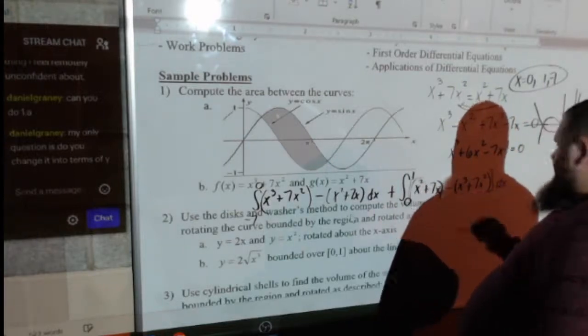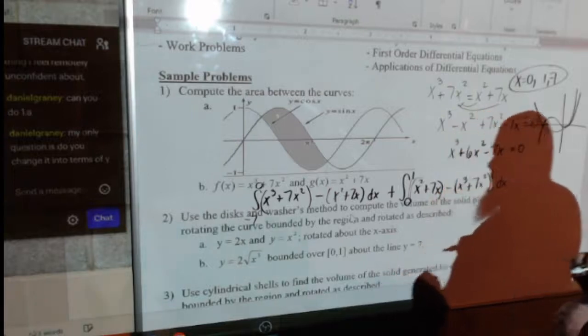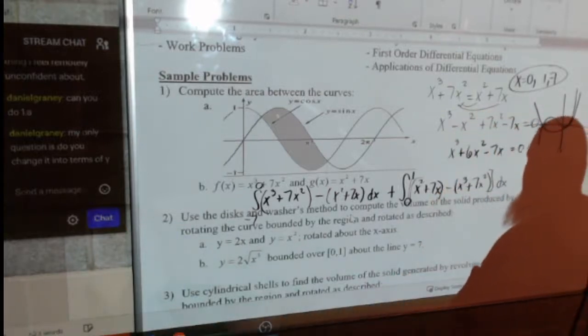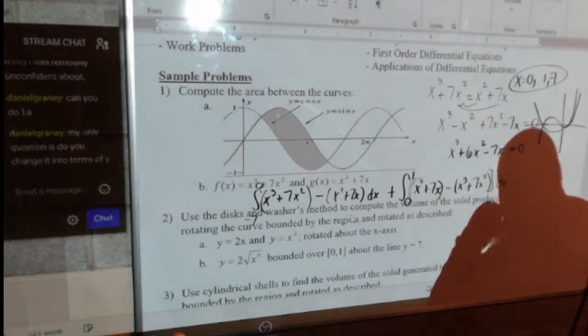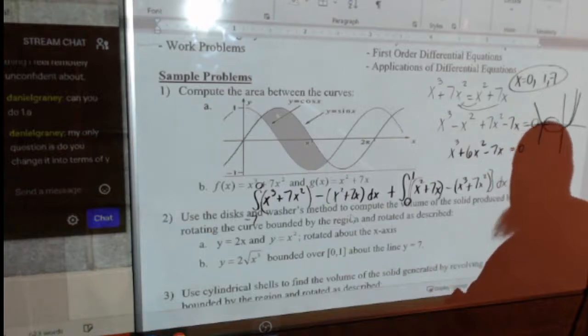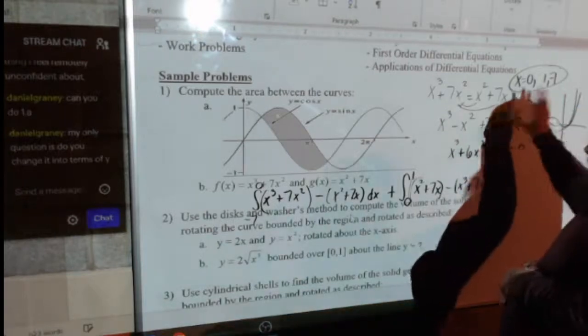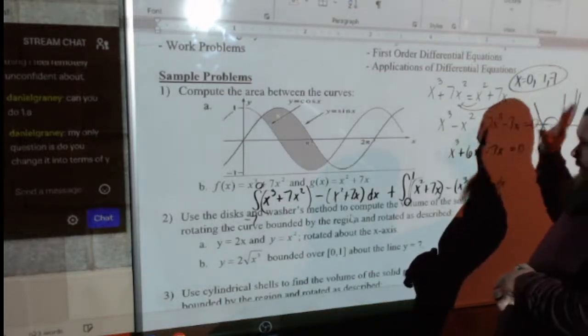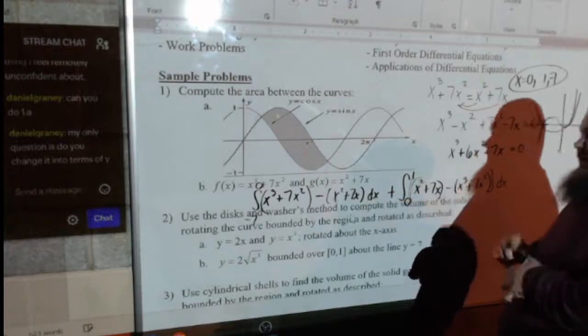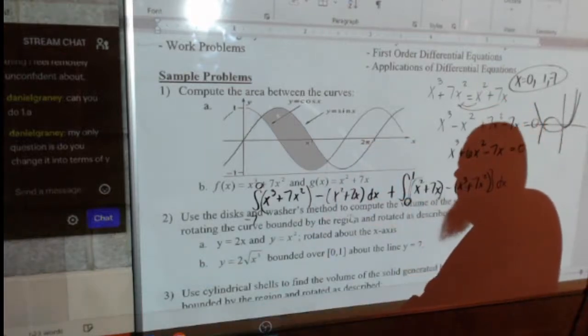So I'll leave the integration for you guys. But that's the hard part, is solving for the points that they overlap and then setting up these two pieces.